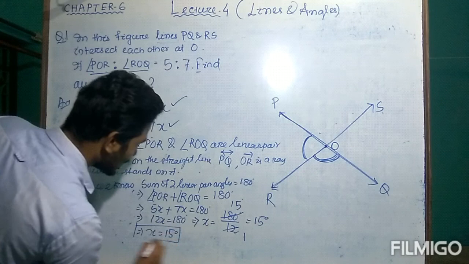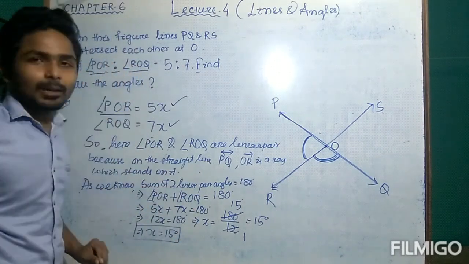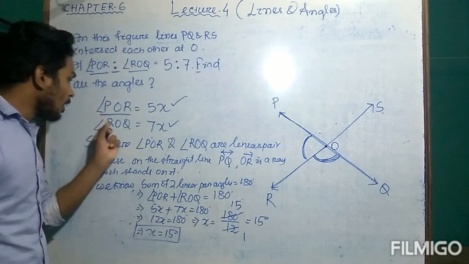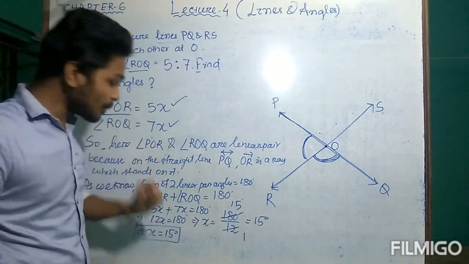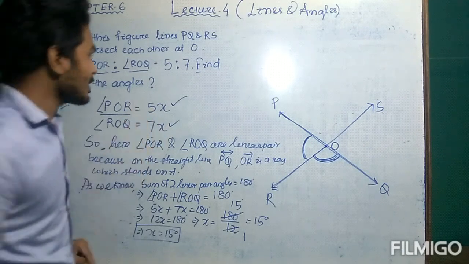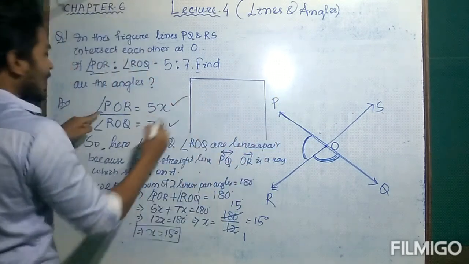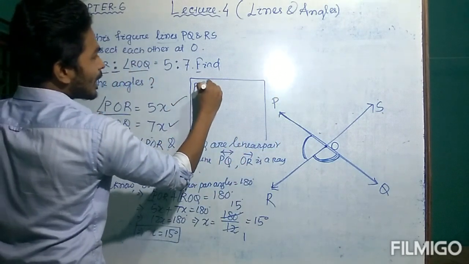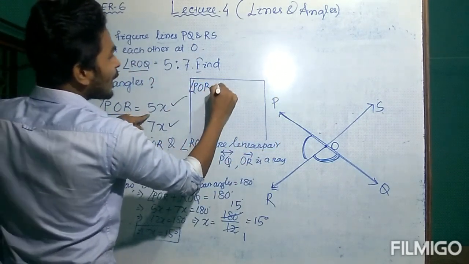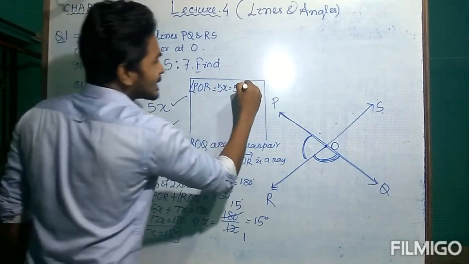Now here we find the unknown term, that is x. Now we can easily say what is the value of angle POR and what is the value of the angle ROQ by substituting the value of x in this equation. Okay, so let's find. So now the angle POR is equal to 5x. It means 5 into x is how much? x is 15.